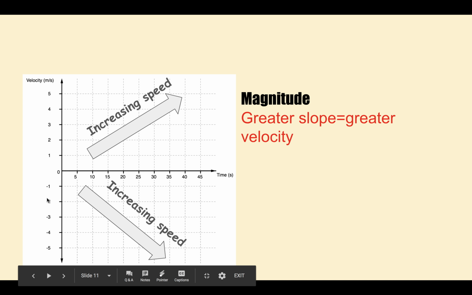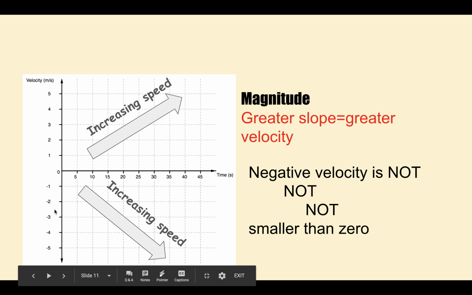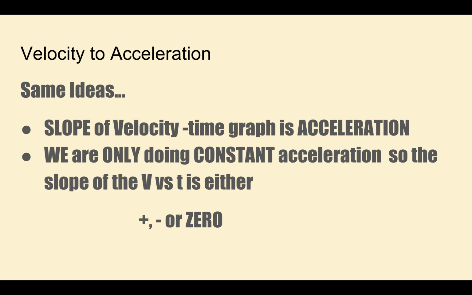Notice this negative sign does not mean smaller than zero. The negative sign just means in what direction. So this is also a graph that's showing something that's speeding up, any graph that goes in that kind of a trend. So if we can wrap our heads around that, then we can get through some possible examples.